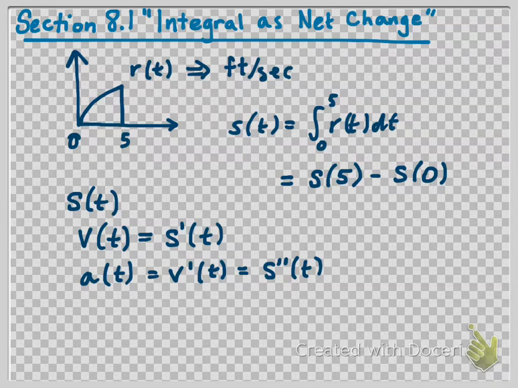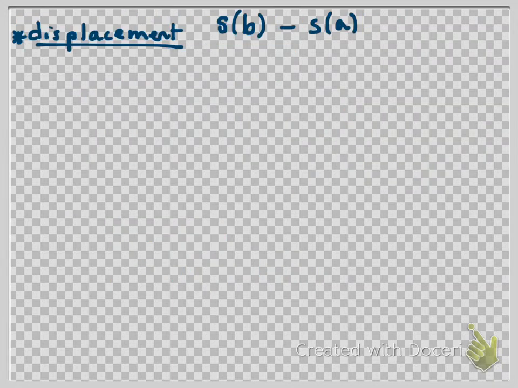Which gives me displacement. Good job. All right, so I said a minute ago it wouldn't matter if I walked back and forth, right? So even if we had a section that was under the graph, the net displacement would be the same thing as the actual integral, right? That's kind of where we're going in this section.